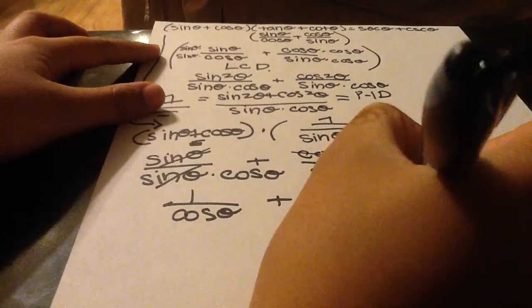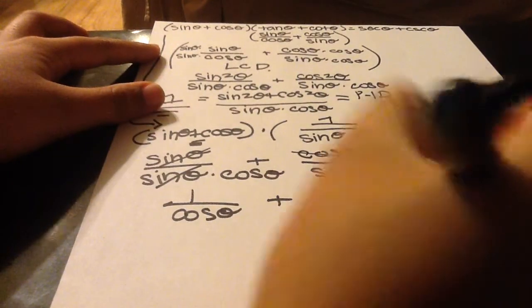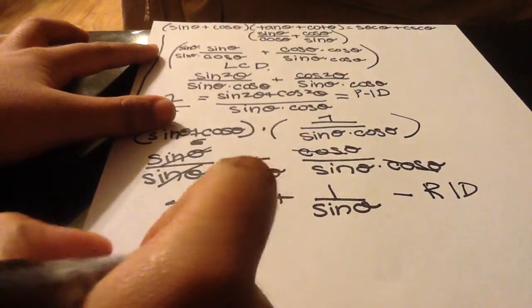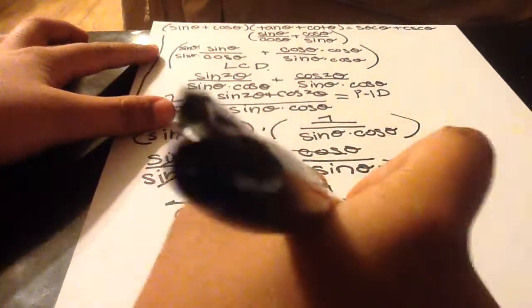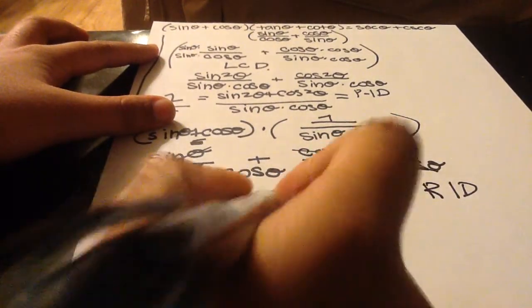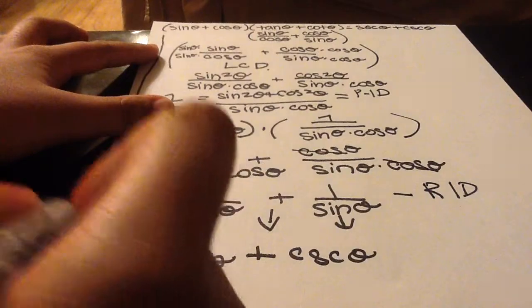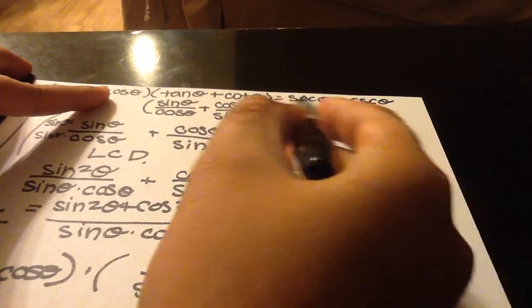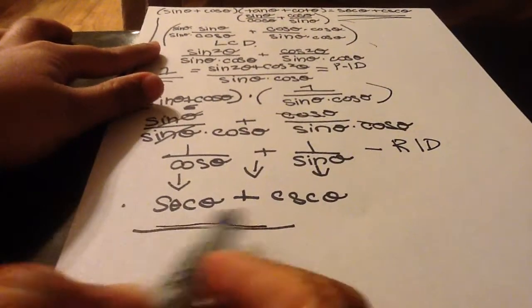Now by reciprocal identities, we can change this into sec θ, and we can change this into csc θ, and bring down my sign. And now we have proved that this right here is equal to this right here.